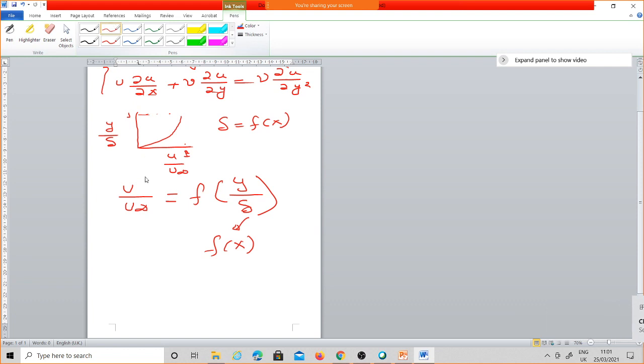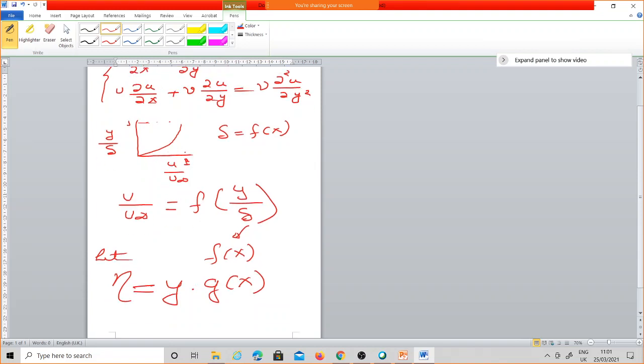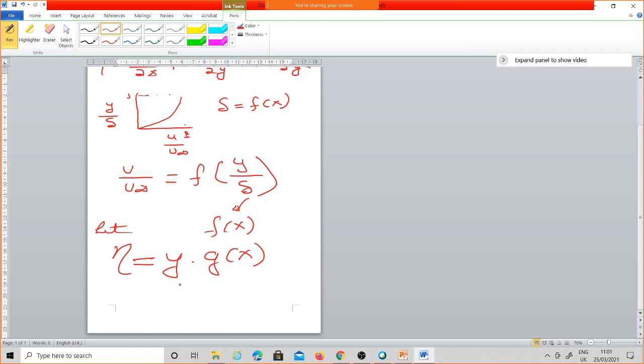Okay, so let's consider the variable eta. So let eta be a variable that is y and also a function of x, that is g(x). Now let's consider a variable eta that can represent y and x together, combined.